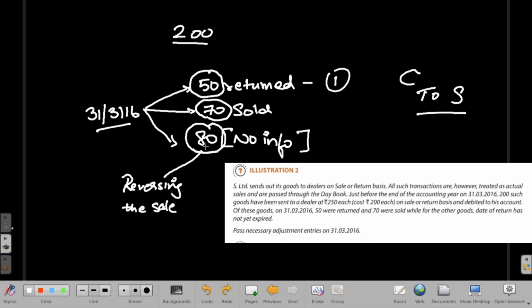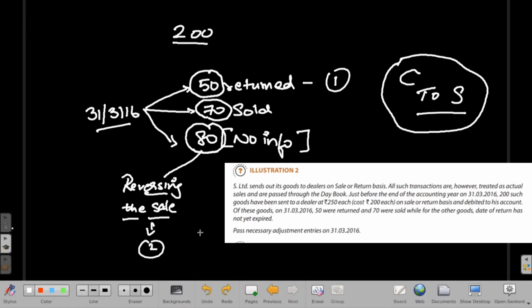This means that the firm has to take the sale back. First the firm put the entry for customer to sales, and now the sales has to be reversed as it won't be treated as sales. So we'll reverse the sales by putting the opposite entry, which will be sales to customer. So this would be the second entry passed in the books.